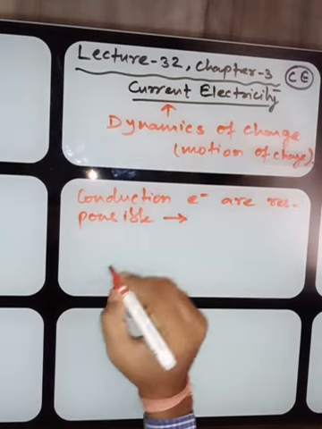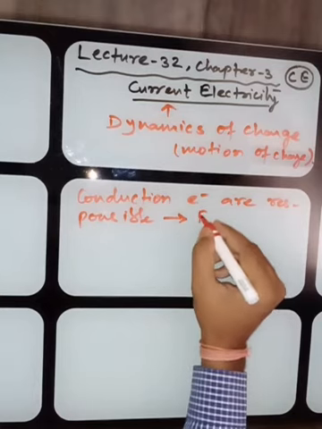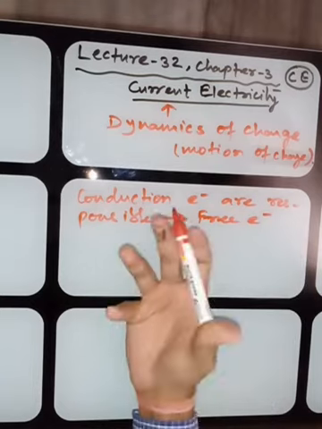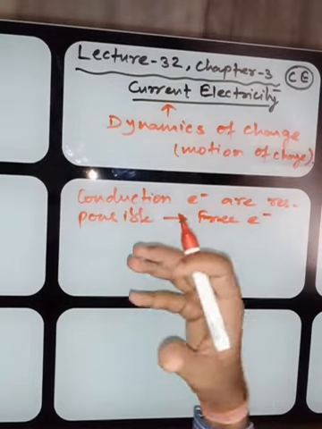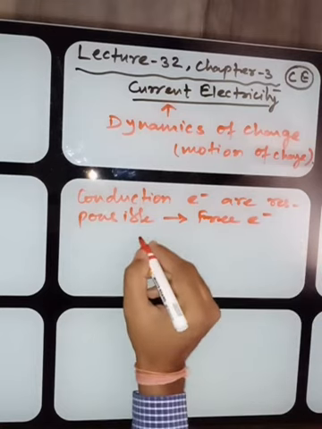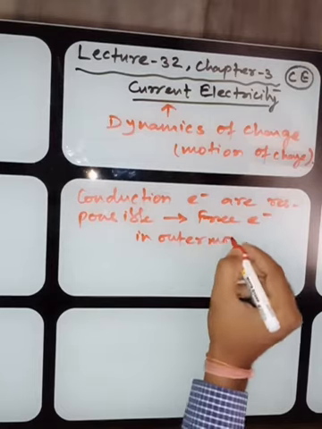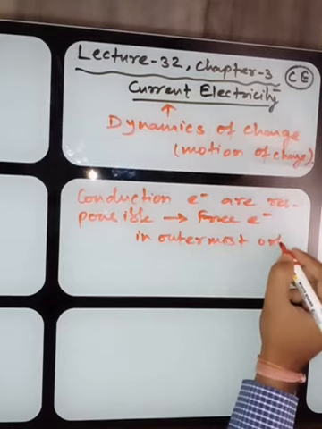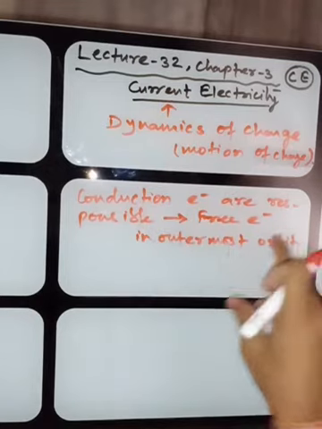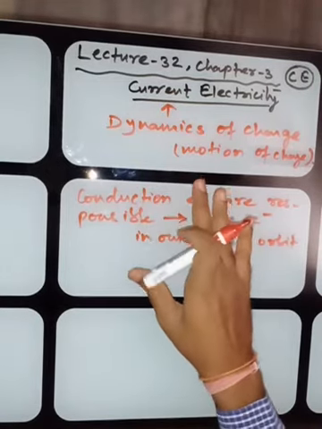It means the electrons which are free, free electrons in the outermost orbit of any atom. Remember, those electrons are responsible for the electric current.